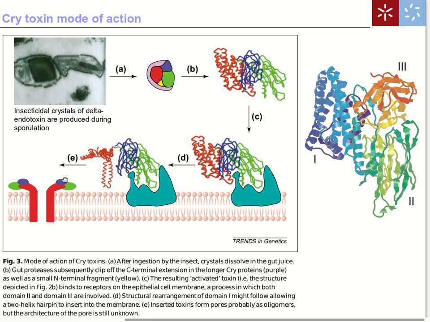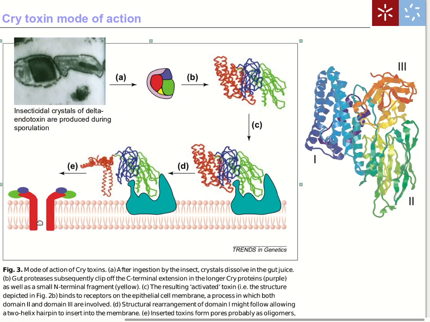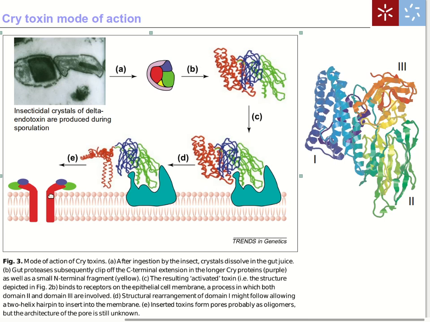So here the red part represents domain 3, and the green and the blue the other domains, and they pair together with many copies of itself, and they form a pore through the epithelial gut cell wall of the cell. This means that water will escape and the insect will dry out and it cannot feed anymore.